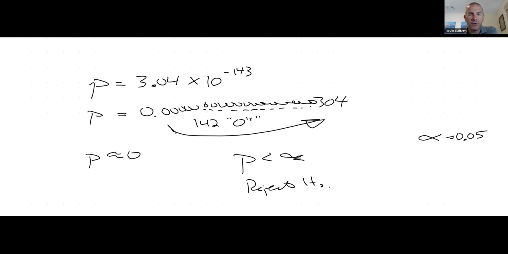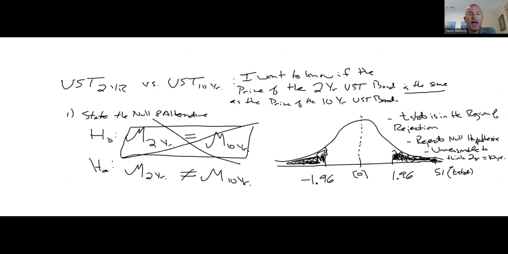Why? Well, let's take a look. Let's say your boss says, I want you to find out if the 2-year treasury bond and the 10-year treasury bond have the same price. So you run a two-sample hypothesis test, because we don't really care what the price is.